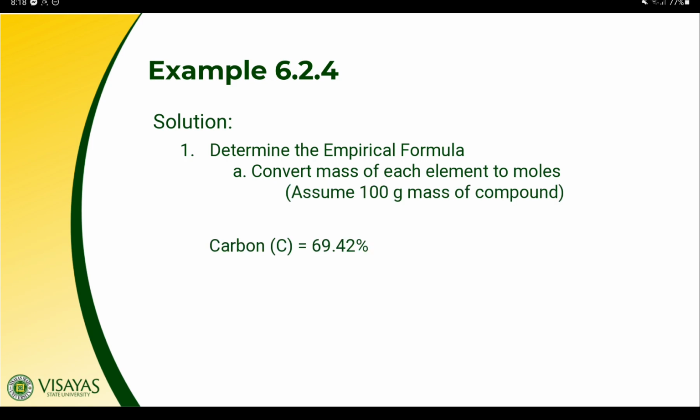So we are still given percent composition of the elements in the compound. So again, that value is still what we use as the mass of the elements. So for carbon, we have 69.42 grams times the molar mass of carbon, 12.01 grams. So we put that in the denominator and we put the mole in the numerator to get 5.78 moles.